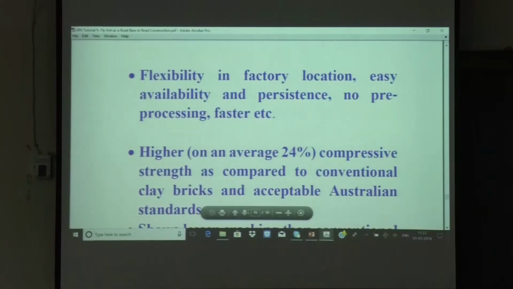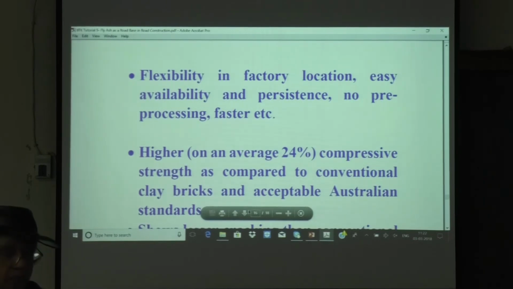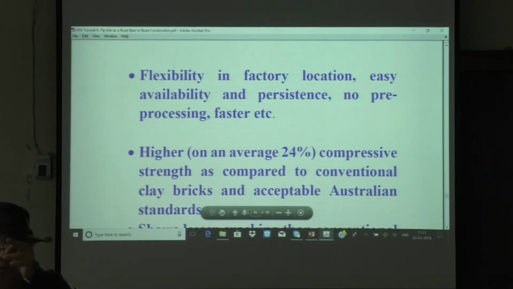Flexibility in factory location, that means easy availability, no pre-processing. It helps if the fly ash source and the brick manufacturer are next to each other. The brick companies will have fly ash from the power companies, so you can use it.